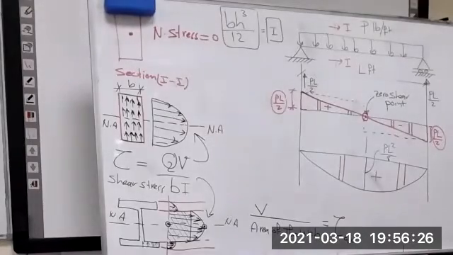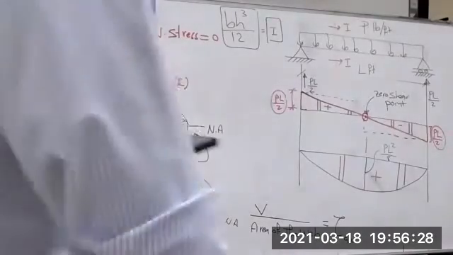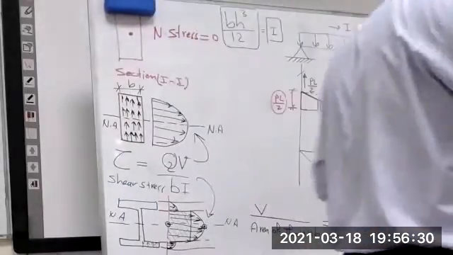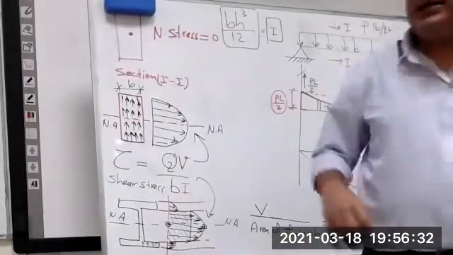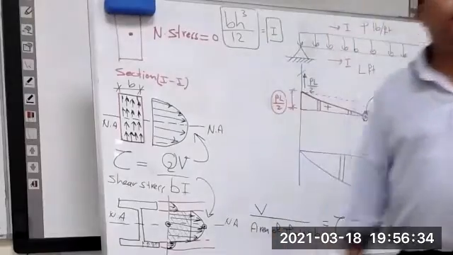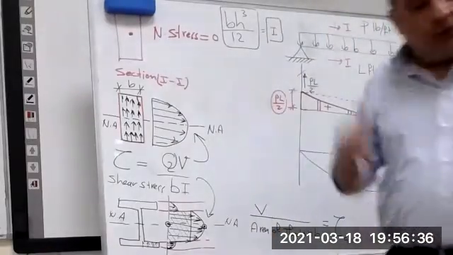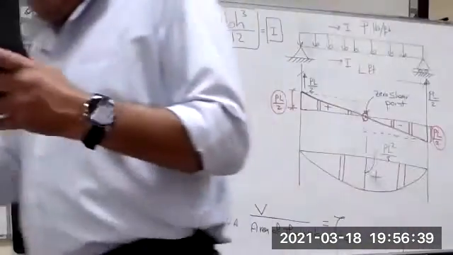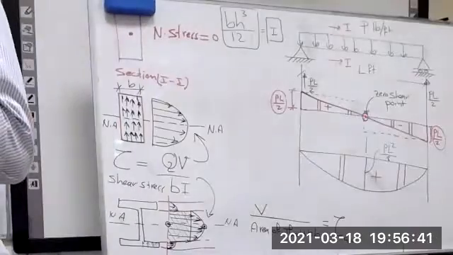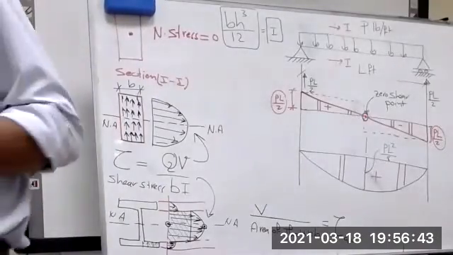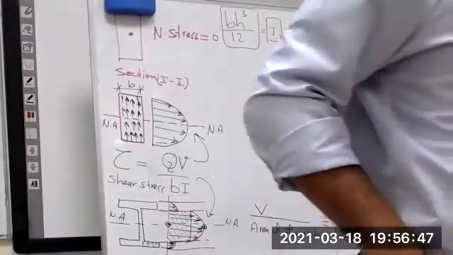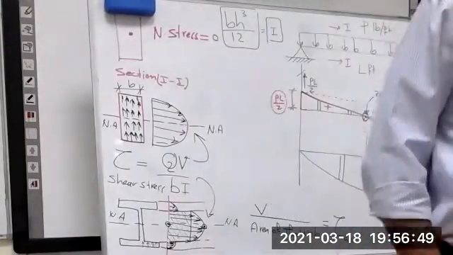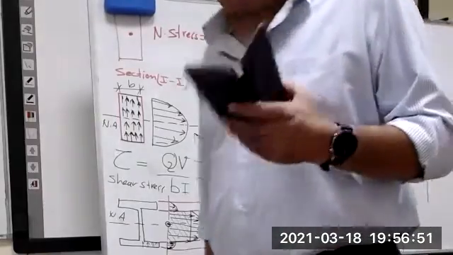The question asks: where is the maximum shear stress? We already discussed that. The maximum shear stress in the beam, in kips per square inch, is most nearly which one?